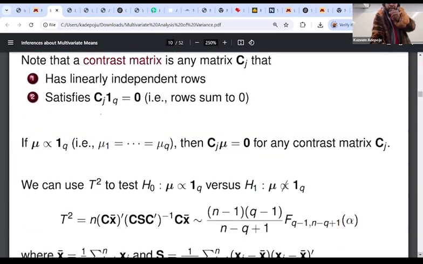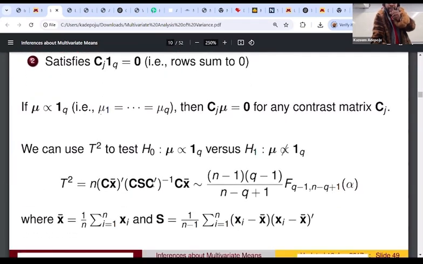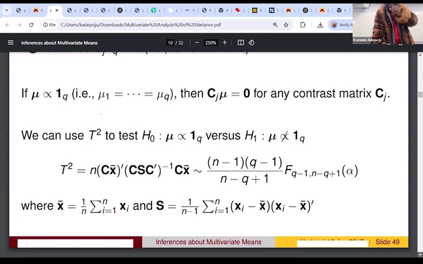Now, under the hypothesis, look at what we're testing: that is that, versus that is not that. If you don't understand the sample mean vector, this is the formula to get each of the means, and the sample covariance remains the same. We've already done all of that in this class.